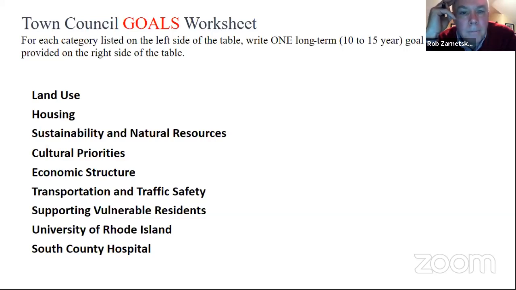All right. Cultural priorities? I think one objective that we could have, which we brought up earlier, is at least some places where we recognize the indigenous history in some of our municipal parks, to recognize the history of the land before it was colonized.